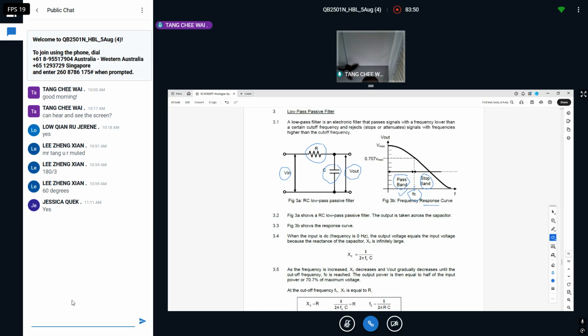Obviously, if pass band is allowed to pass, the stop band means from the cut-off frequency onwards, I reject. Only the frequencies in the pass band are allowed to pass. That describes your RC low pass passive filter. Any question?